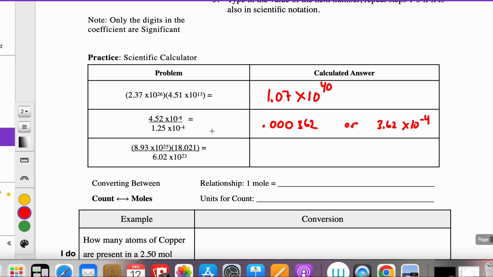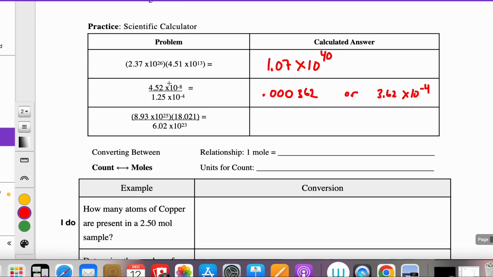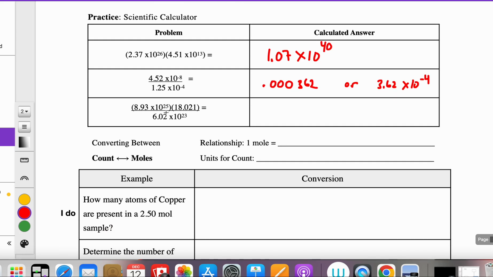Try one more where you multiply the two top numbers, so 8.93 times 10 to the 25 times 18.021. Hit your equal button, then hit your division button and divide it by 6.02 times 10 to the 23. Hit your equal button again.